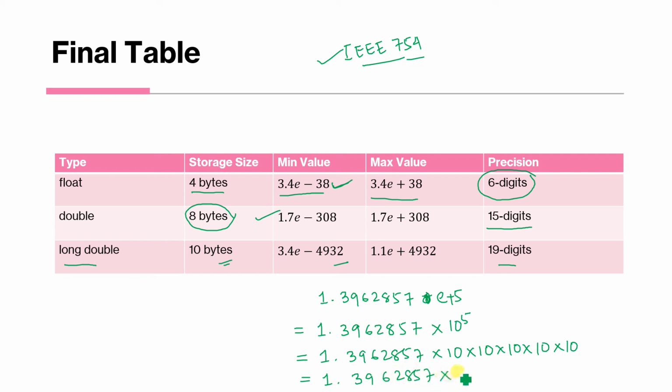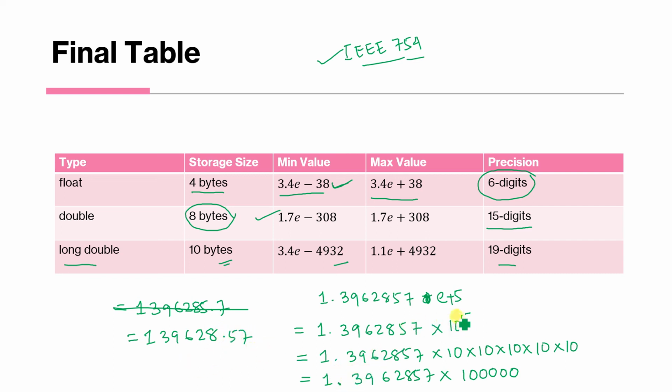So we can say it will be 1.3962857 into 5 zeros, right? When you multiply this, the decimal point will be shifted towards the right, so that will be 139628.57.